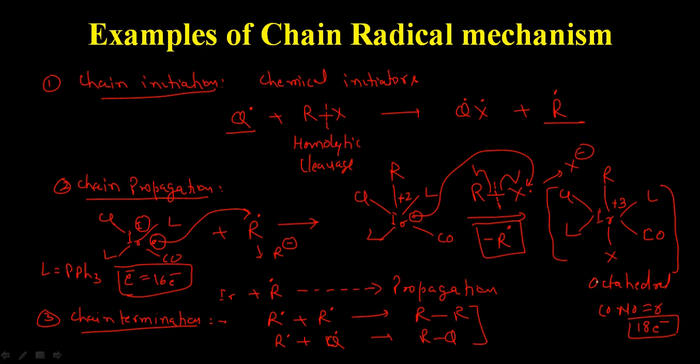If chemical initiator is present and the reaction is following chain radical mechanism. One of the major limitations of this radical mechanism is that there is formation of a large number of byproducts. Because of formation of these free radicals, a large number of byproducts are formed. So this is the very major limitation. So what is the main limitation of this one?